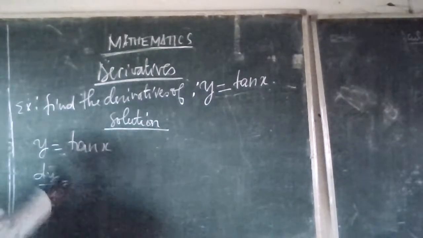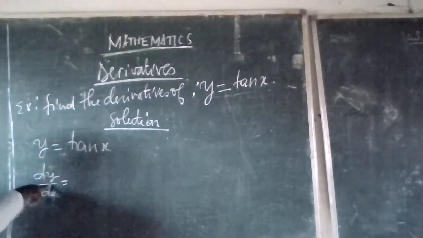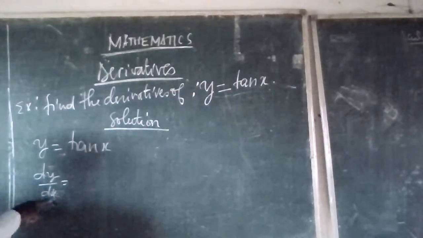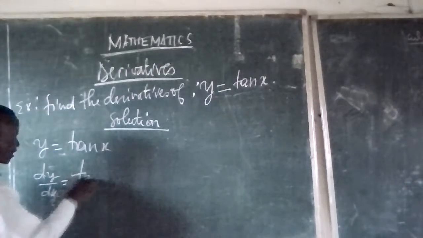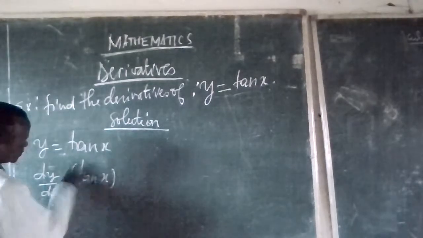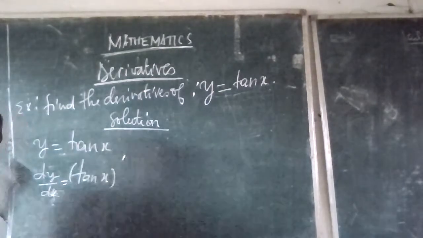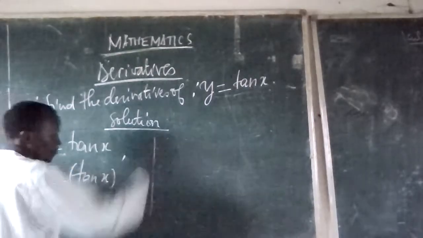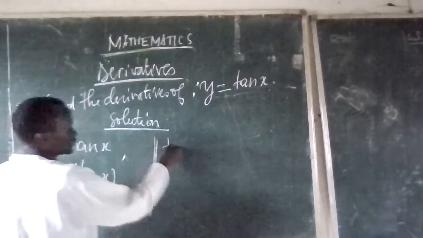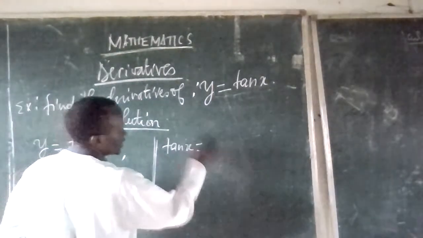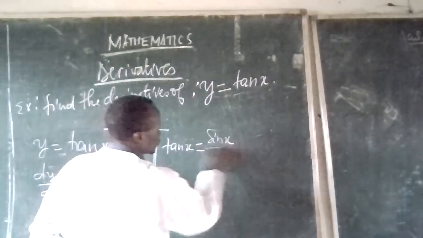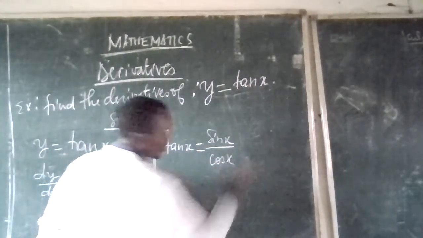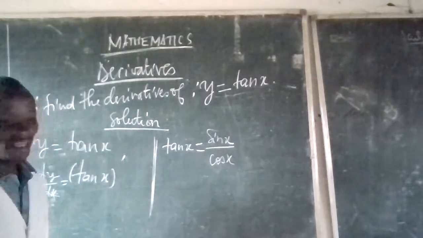That's why we use the derivative of y with respect to x, which is the derivative of tan x. In trigonometric ratios, we know that tan x is sine x over cosine x. Are we together there?